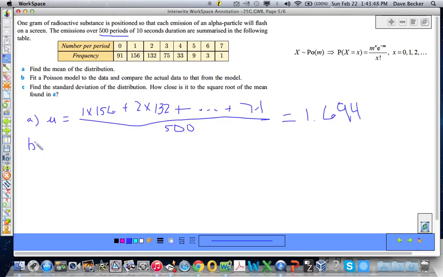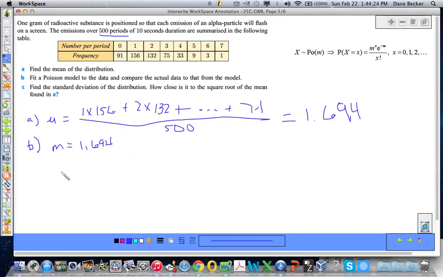B. Fit the Poisson model to the data and compare the actual data to that from the model. So we're using this Poisson model to predict future occurrences based on the data that we just had. So we're going to use m equal to 1.694.